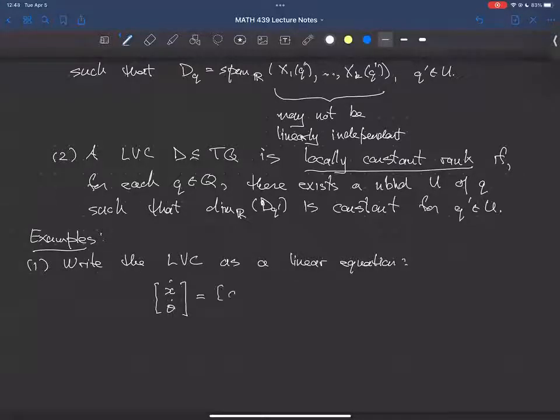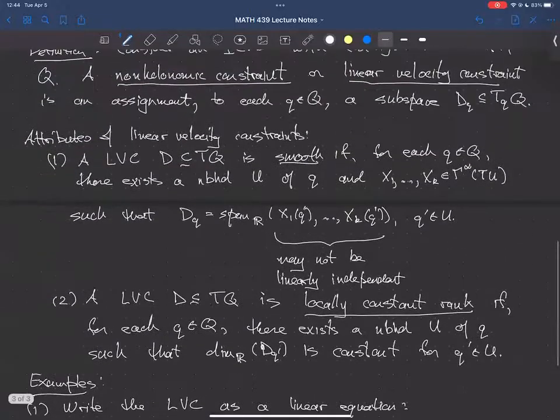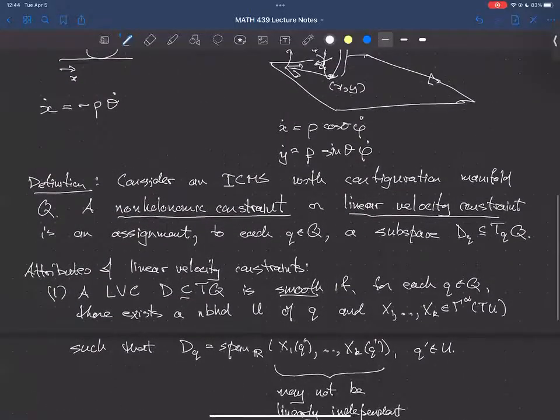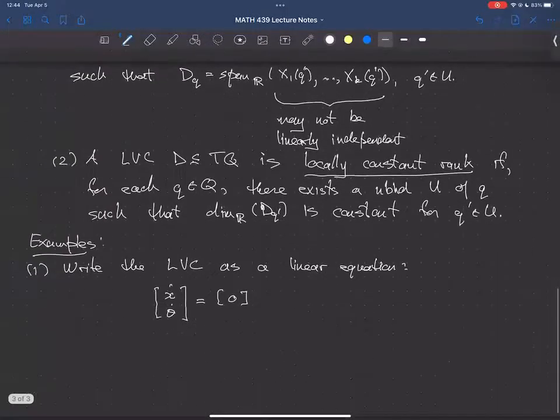Okay, so in this case, the coefficient of x dot is 1 and the coefficient of theta dot is minus rho. So the matrix that you're going to stick out front here is 1 and minus rho.